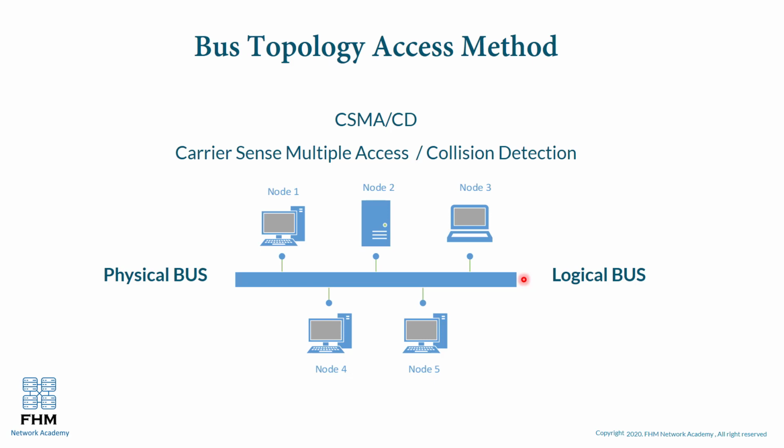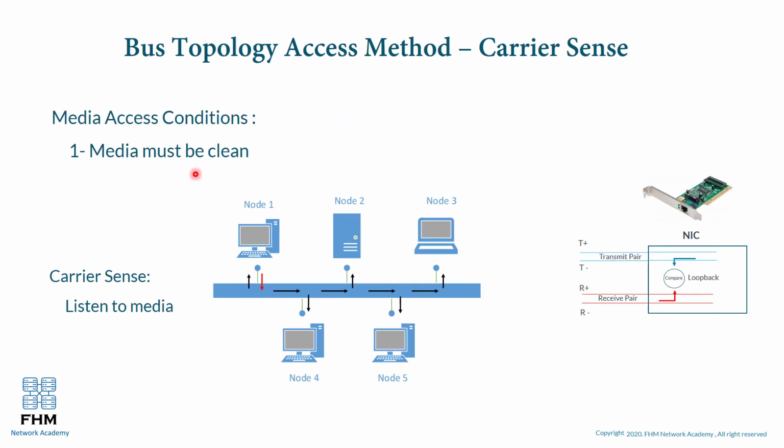So let's talk about the first part of the access method, carrier sense, in detail. The first condition for nodes to access the media is that the media must be clean. So every node should listen to the media, and if the media is clean, they can send their messages to the media. All of this comes from the characteristic of bus topology that the media is shared.